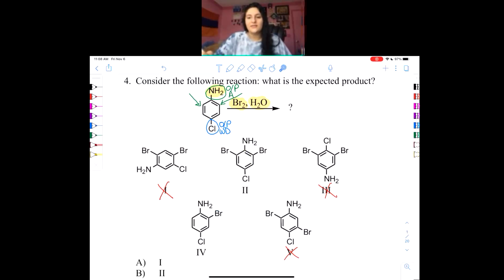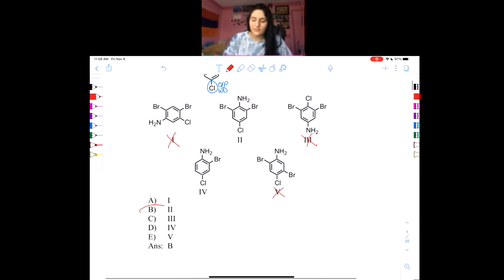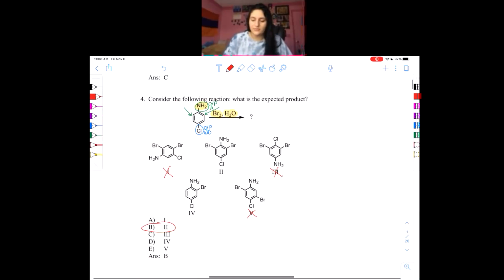And again, that's only in the case of NH2 with Br2 and H2O. So when we have NH2, Br2, H2O, we substitute multiple times at all of the favorable spots. In this case, it would be both ortho positions. So the answer in this case will be number 2.